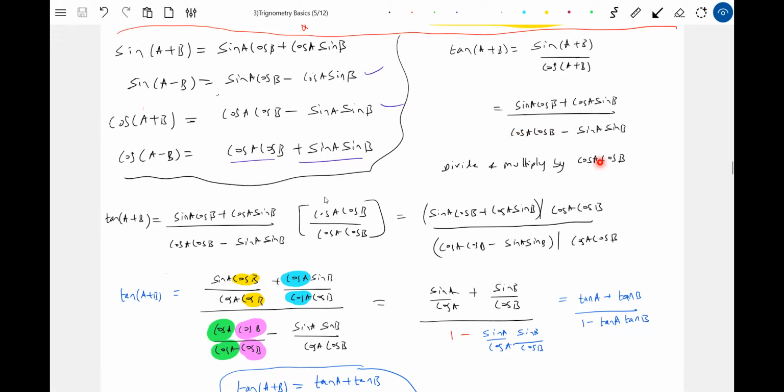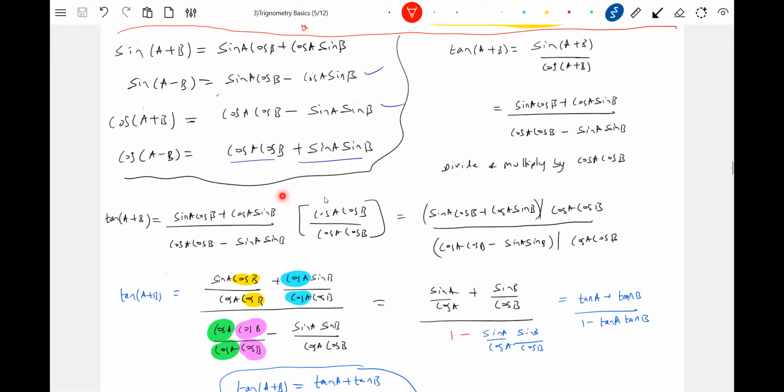I'll divide and multiply this by cos A cos B. Both numerator and denominator, I'll multiply by cos A cos B. Here it will come like this, cos A cos B, cos A cos B. Dividing and multiplying.